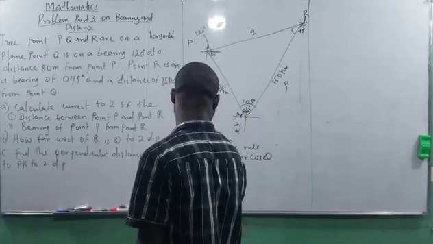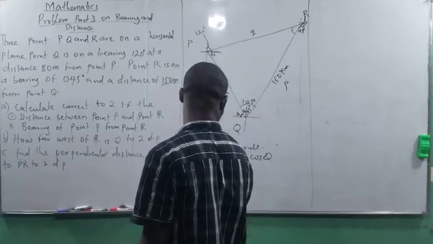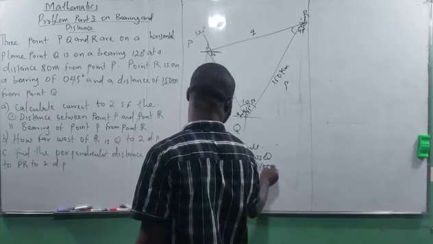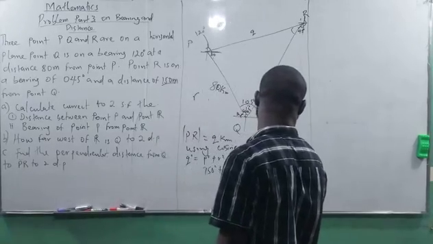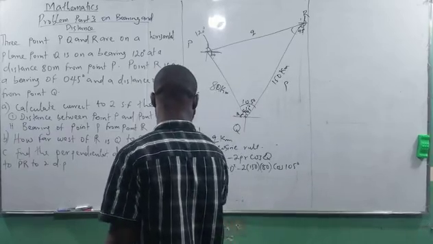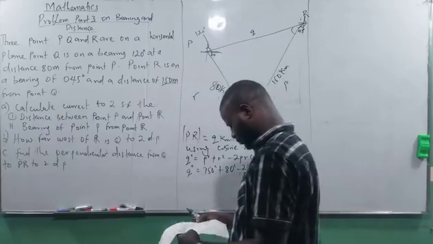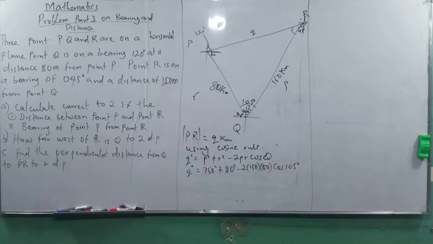I'm thinking of 150 squared plus 80 squared minus 2 times 150 times 80 cos 105 degrees. That will be Q squared.